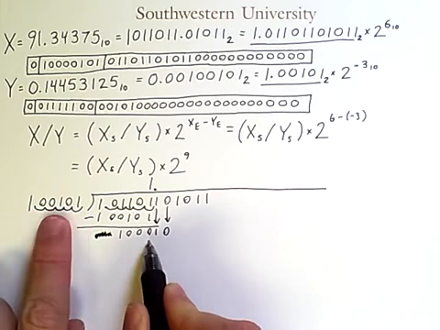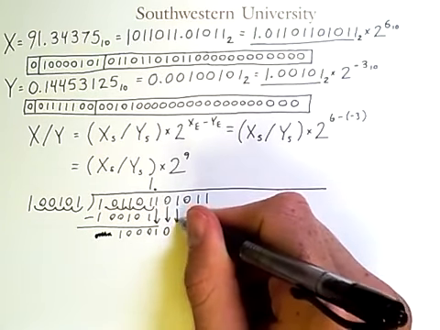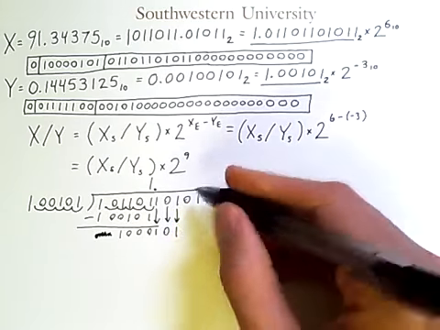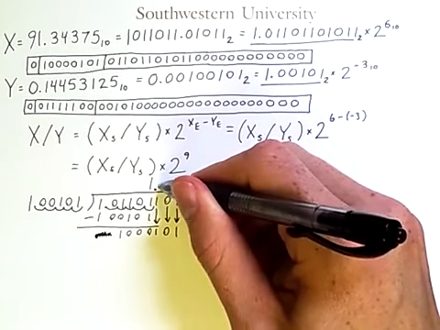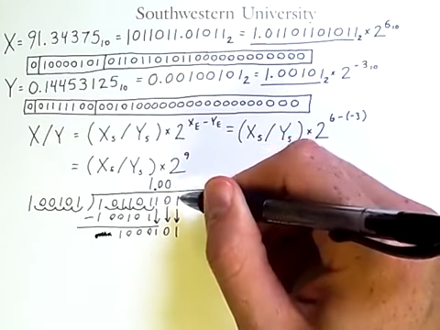Therefore, this is the bigger number. So I have to pull down yet another digit from this result. And note that whenever I do that, I'm putting a 0 up here in my answer.